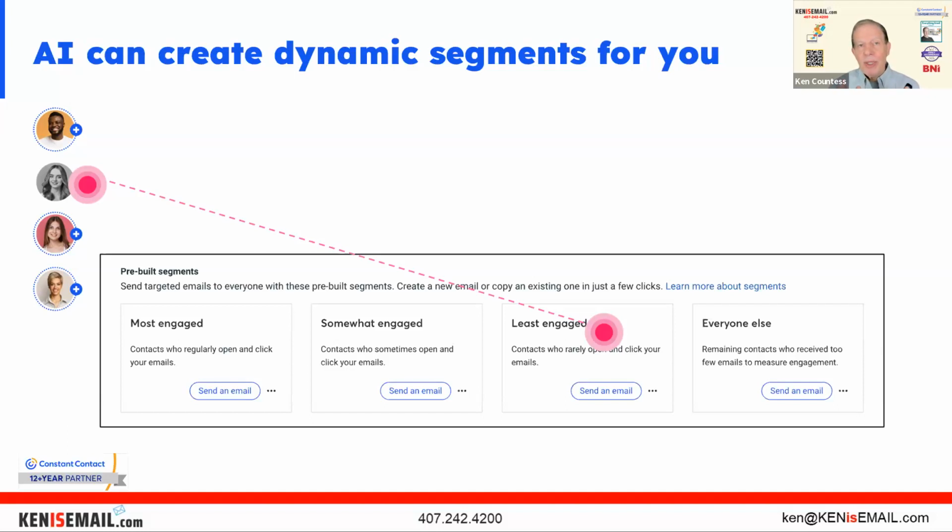This helps you in this respect. If you know that there are certain people that are never opening anything you send, you can actually target them with a special email. And when you target them with that special email, you try to get them engaged, right? That's going to help you a lot.